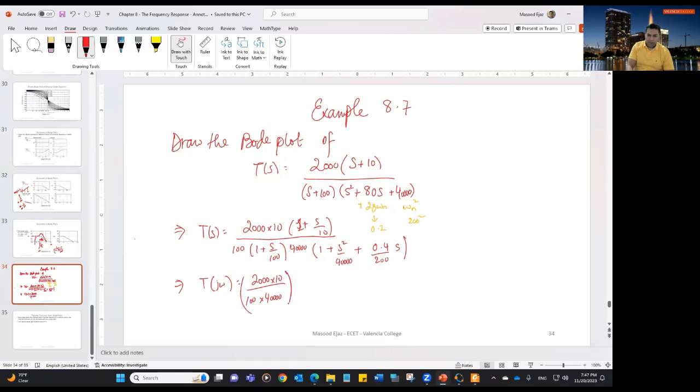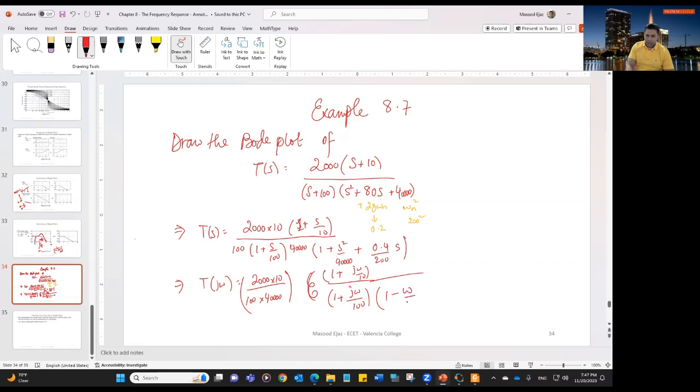That's my modified gain. And then I have 1 plus j omega over 10, one real zero, one real pole, j omega over 100, and one second order pole. That's going to be 1 minus, so when I put j omega over here, that's going to be negative omega squared.